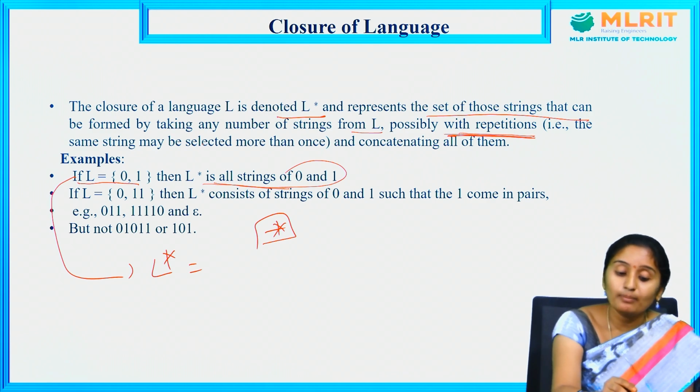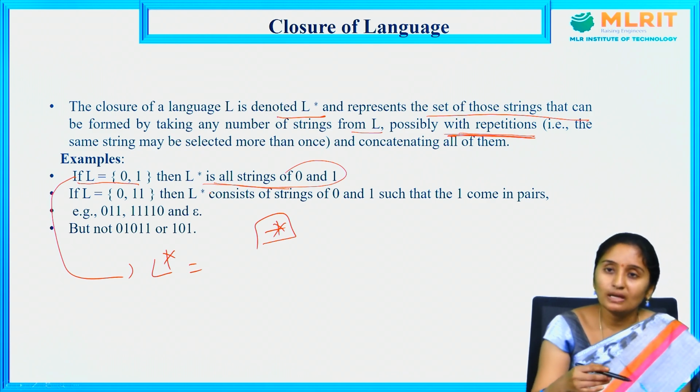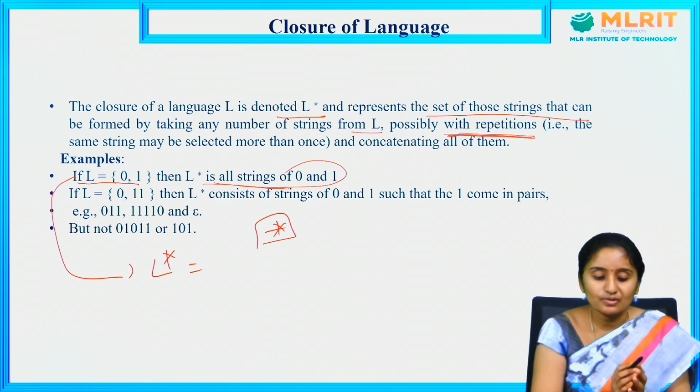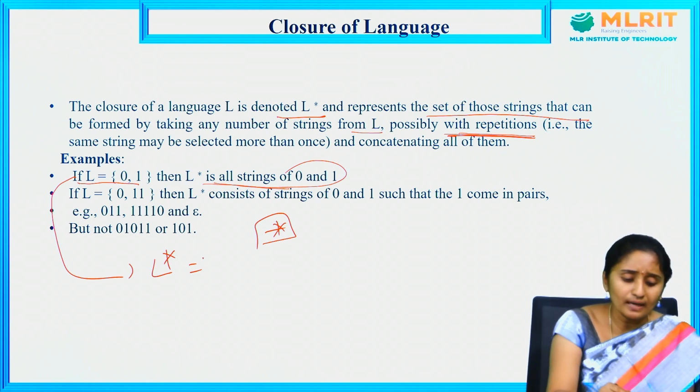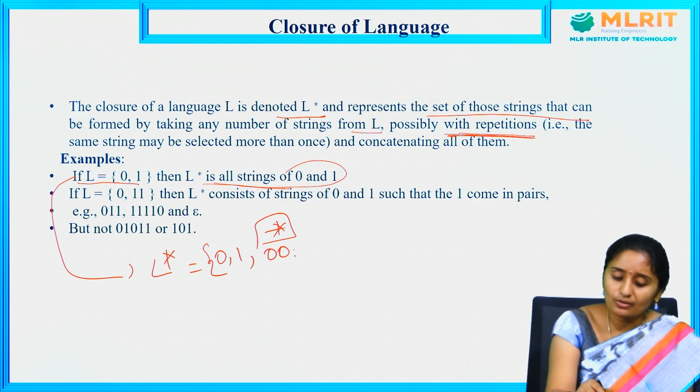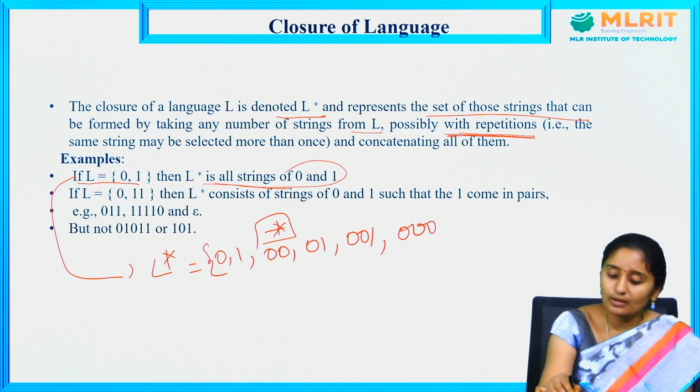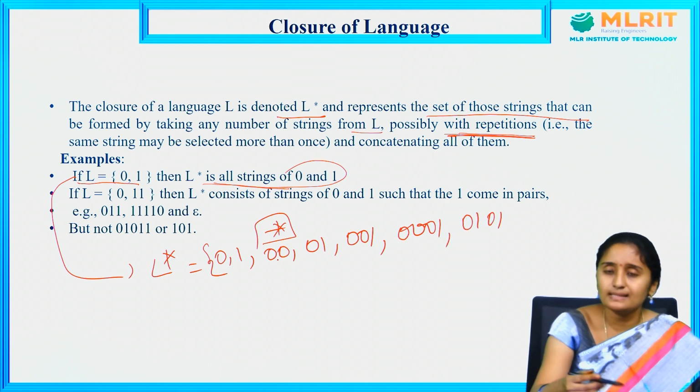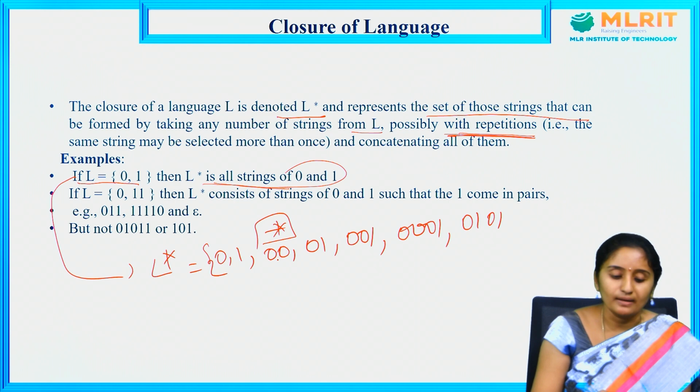The same string can be selected more than once. So what I can write is 0, 01, 00, 001, 0001, or 0101. Anything. I can select the same string twice also. So that is nothing but closure of language.